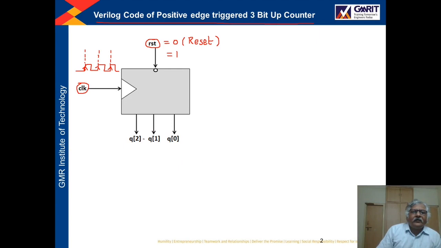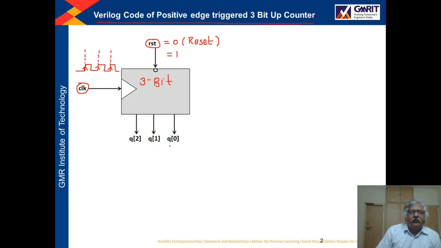Now there are 3 outputs of this counter, because this is a 3-bit counter. If it is a 3-bit counter, then there are a total of 3 output pins, right? The outputs are Q2, Q1 and Q0.